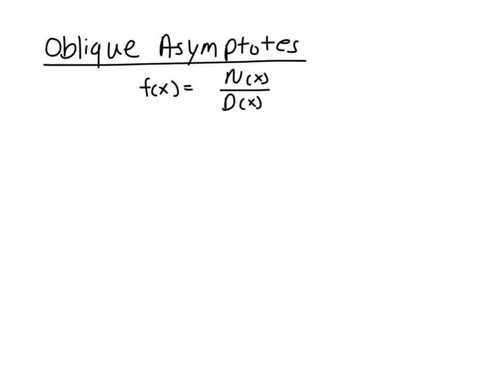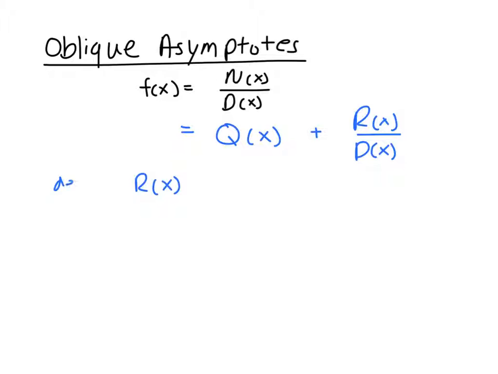Now I could write this as, if I were to divide the numerator by the denominator, I would get a quotient polynomial, and then I would have a remainder polynomial divided by d of x. The degree of the remainder would be less than the degree of the denominator.